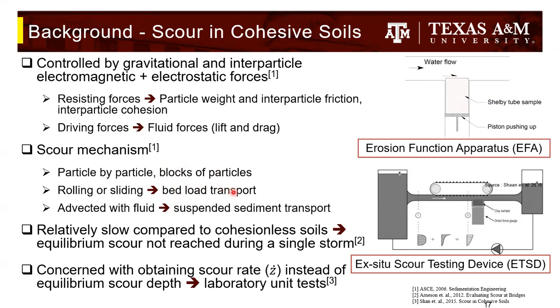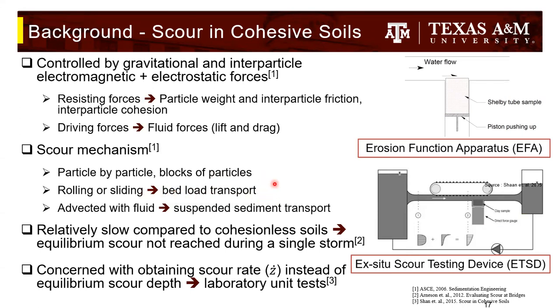That is known as block of particle movement. Both of these movements can be rolling or sliding, or they can be mixed with the fluid around, and they can be transported as suspended sediment transport, or individually they can slide on the bed as bed load transport.